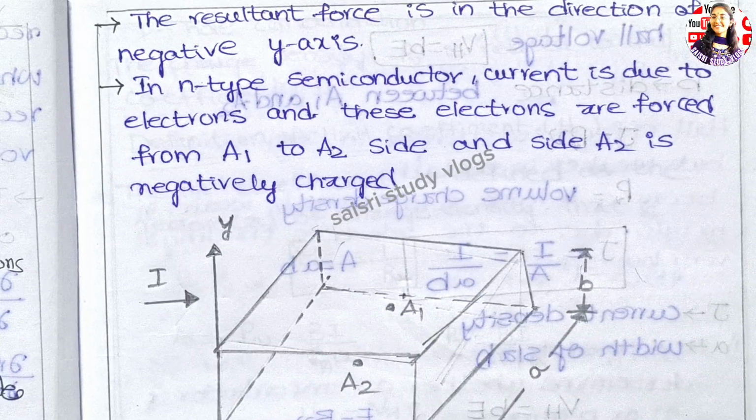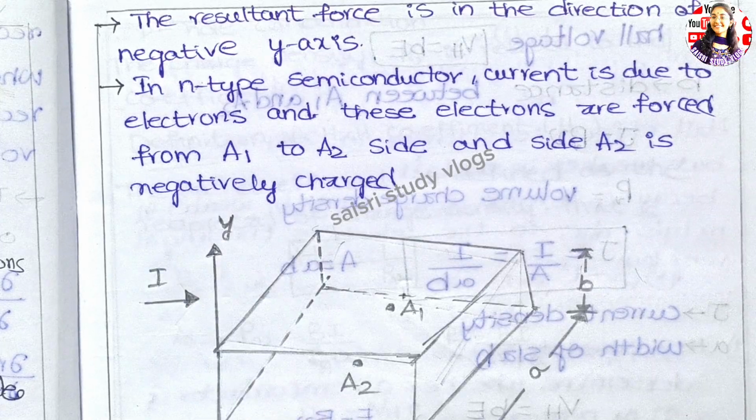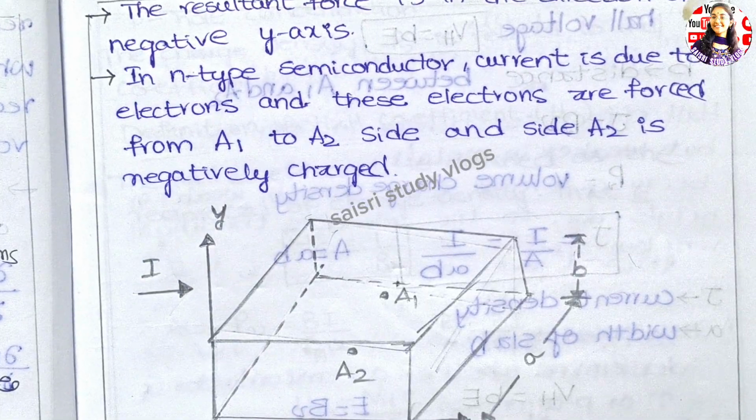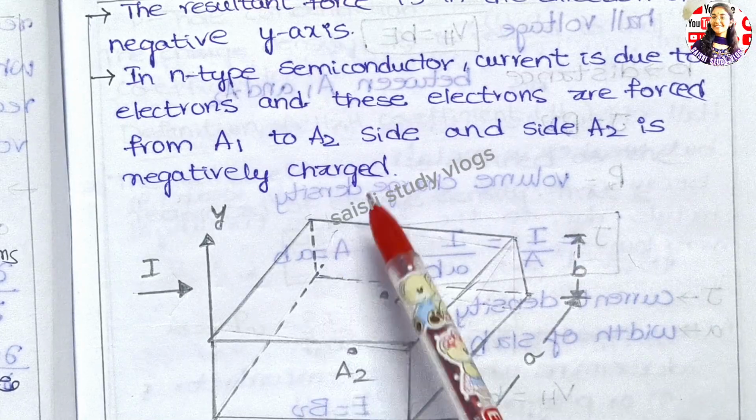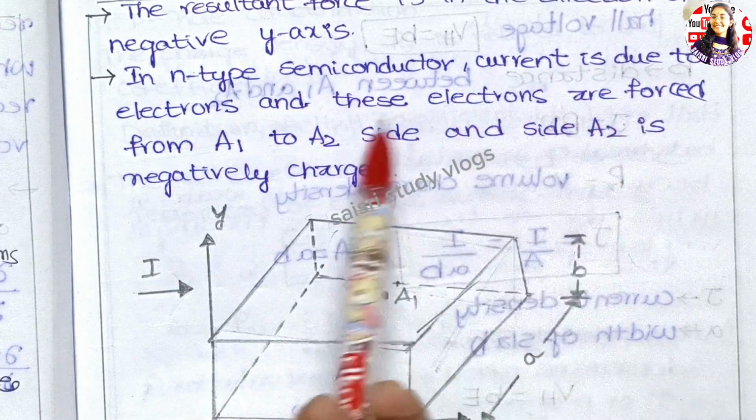So the resultant force will be in the negative y axis. This is the y axis, and the resultant force will be in the opposite direction. In an n-type semiconductor, current is due to electrons, because in n-type there are more electrons.